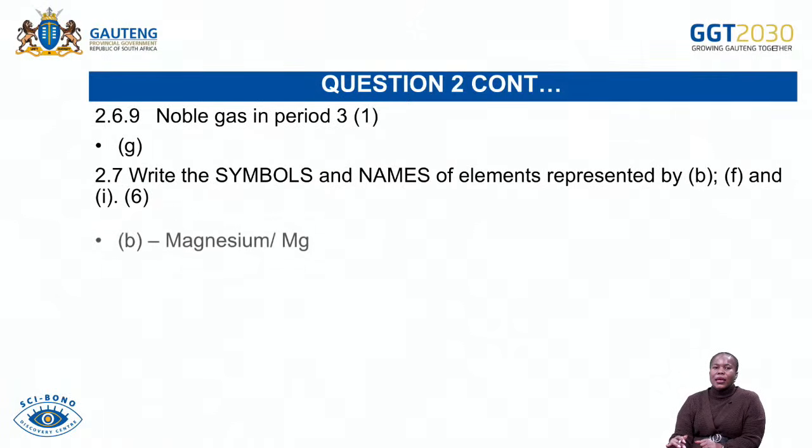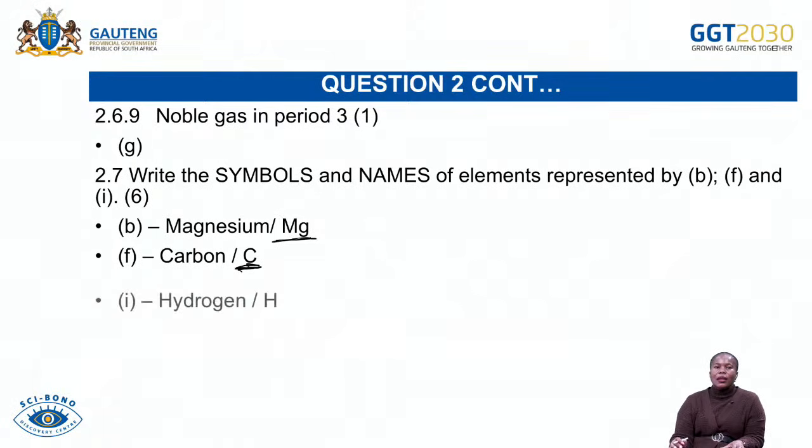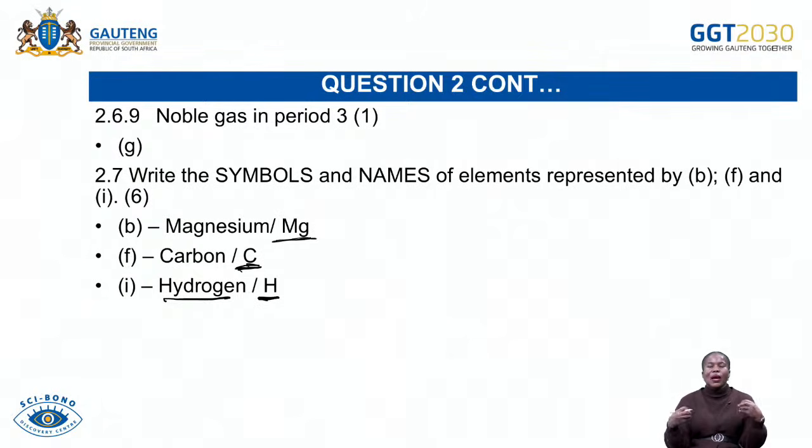So for B, it is where magnesium is located, and its symbol is Mg. Then we've got carbon, its symbol being capital letter C, and then with our I, right at the top, it's hydrogen with the capital letter of what? Of H. So this activity just speaks to understanding the periodic table, how to read it, and how to understand the names that we refer to the groupings of these elements.